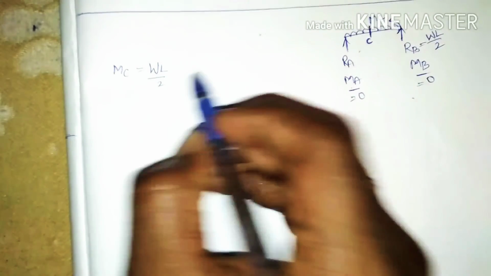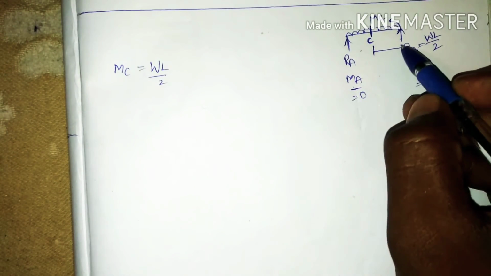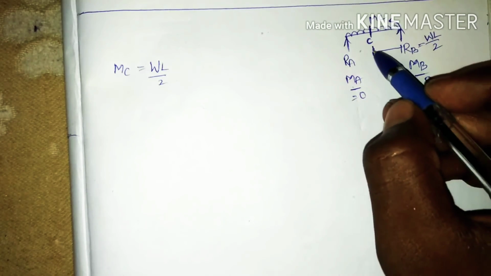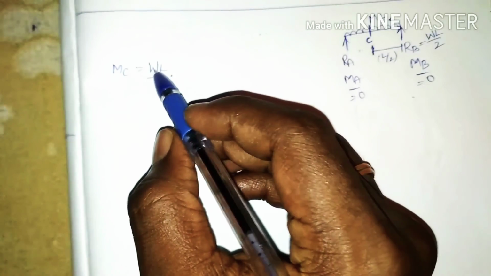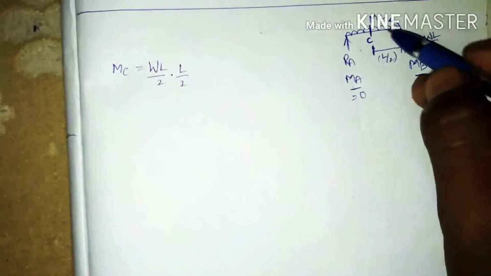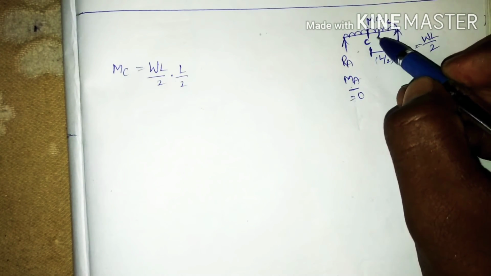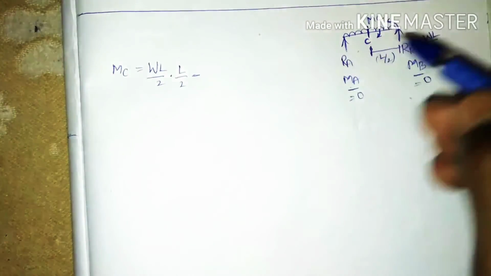WL by 2 is multiplied with the distance from the RB reaction up to C, that is L by 2. So WL by 2 into L by 2, and this is going in a clockwise direction, that is taking negative.